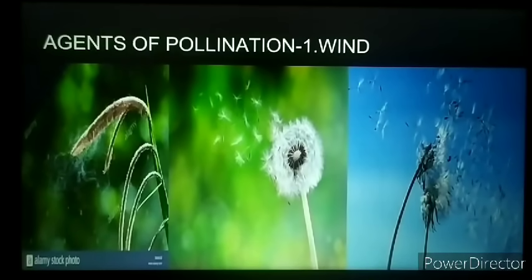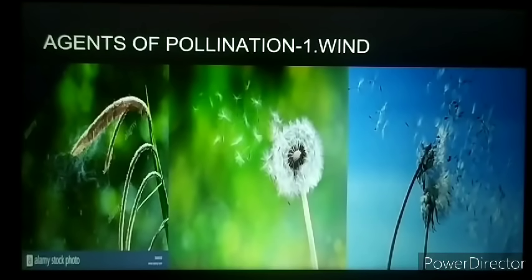The pollen grains would just get spread into the air, as you can see in the module, and then the wind will carry the pollen grains forward, and because both the pollen grains and the stigma are sticky in nature, the pollen grain comes very close to the stigma and it will get stuck to it.